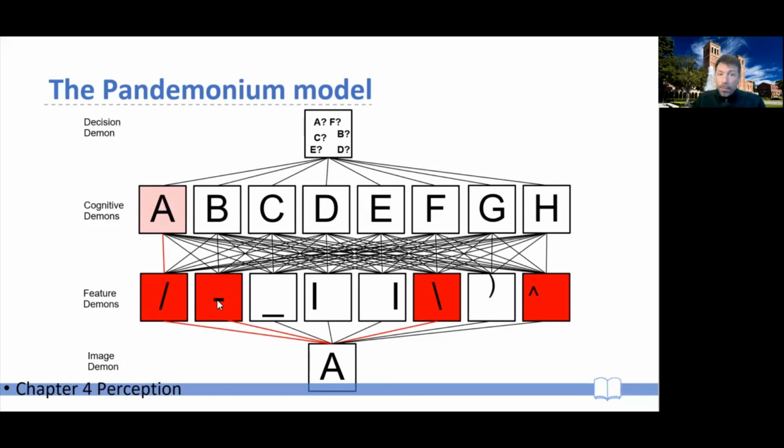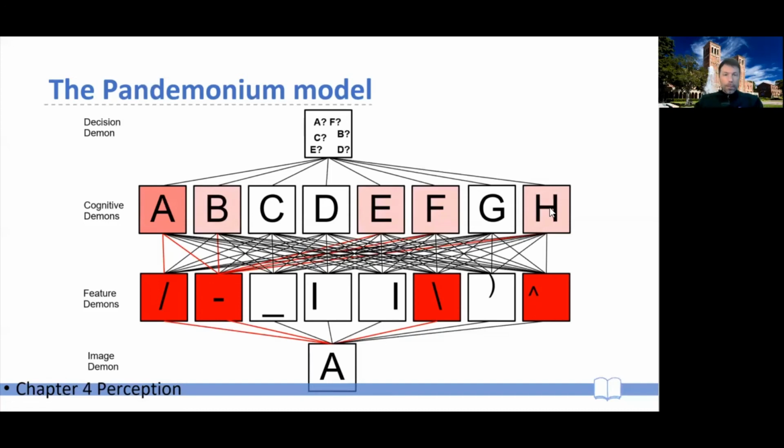The horizontal line will trigger activity in the A, but also in the B, also in the E, also in the F, and also in the H. So you can think of this a bit like a competition. All these cognitive daemons are getting activated by the features that are detected in the image. And in the end, the one that is the most activated by the sum of all the features detected is the winner.